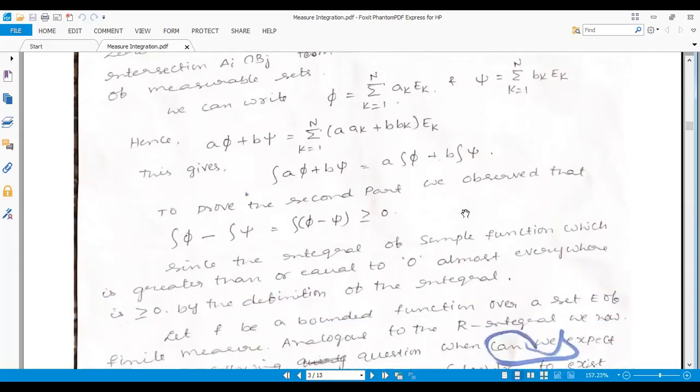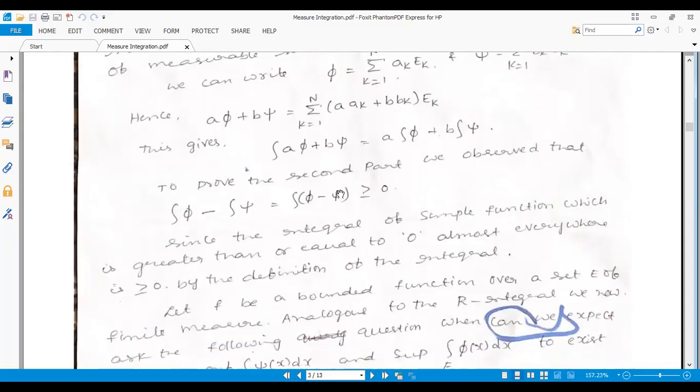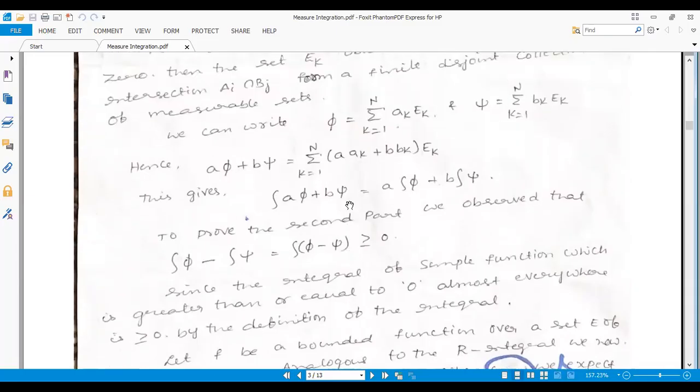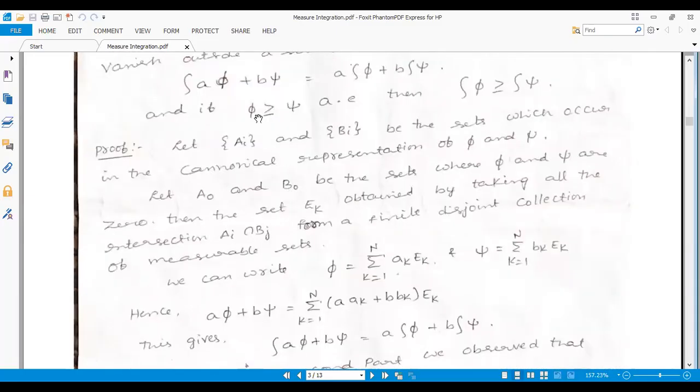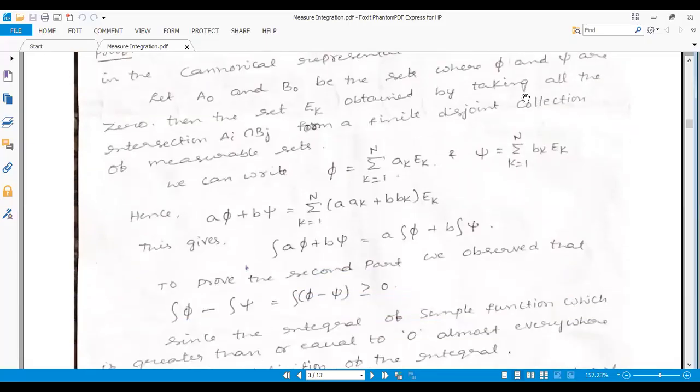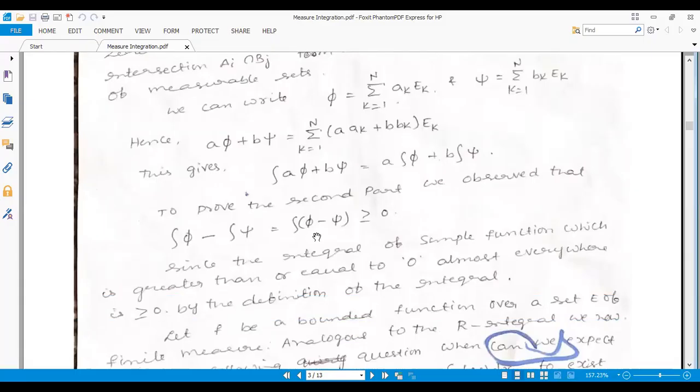Here, to prove the second part, we observe that the integral of phi minus the integral of psi is equal to the integral of phi minus psi, because you must prove that it holds almost everywhere. If phi is greater than or equal to psi almost everywhere, then the integral of phi is greater than or equal to the integral of psi, which means we can take it to the left-hand side, and then the integral of phi minus psi is greater than or equal to 0.